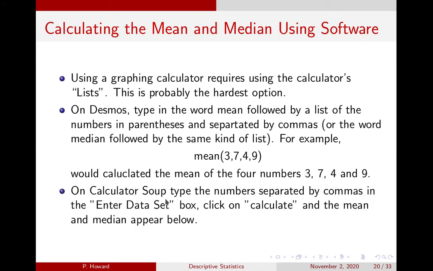On the Calculator Soup calculator, you would type in the numbers separated by commas in the box labeled Enter Data Set. And then you would click on Calculate, and the mean would appear below the Enter Data Set box. Might have to scroll down a little bit to see it.